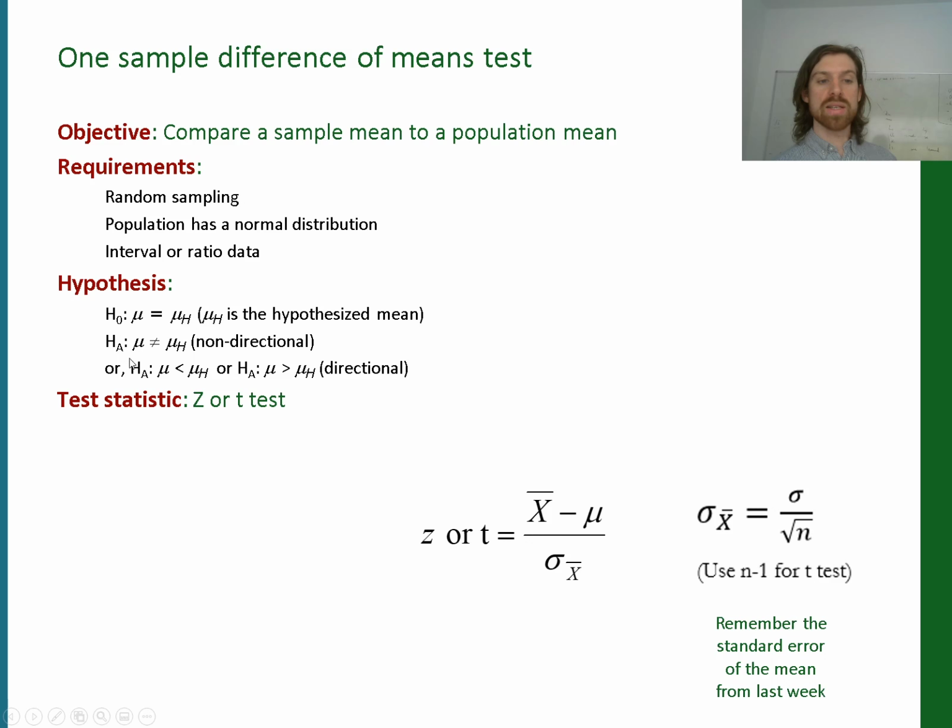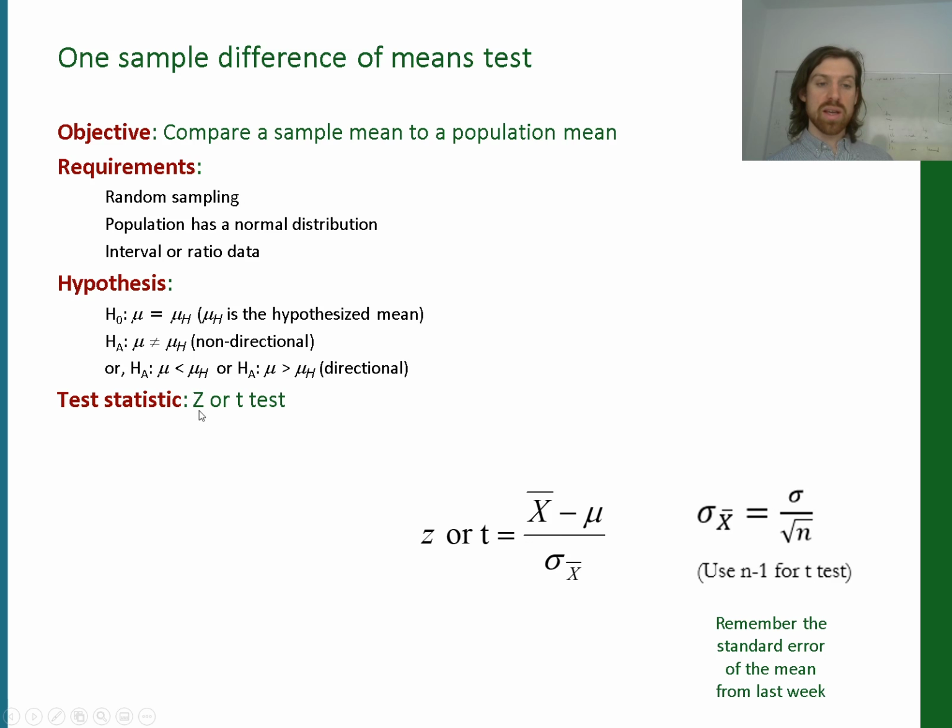And then the alternate hypothesis is that they are significantly different. So the population mean is not equal to the mean of the sample, essentially. This is based on a non-directional approach. Or we could say that it has a particular direction, depending on what we thought, as we've already covered in this part of the lecture.